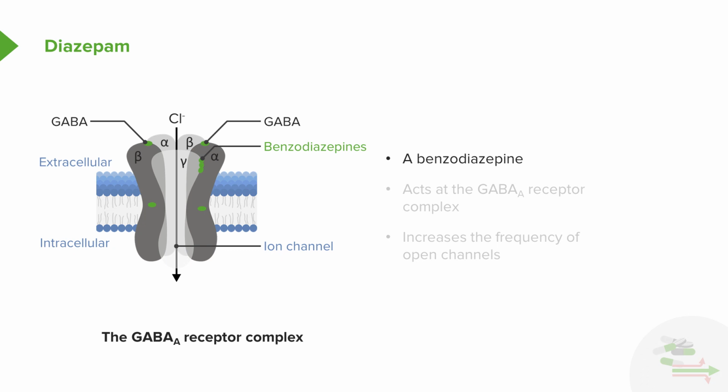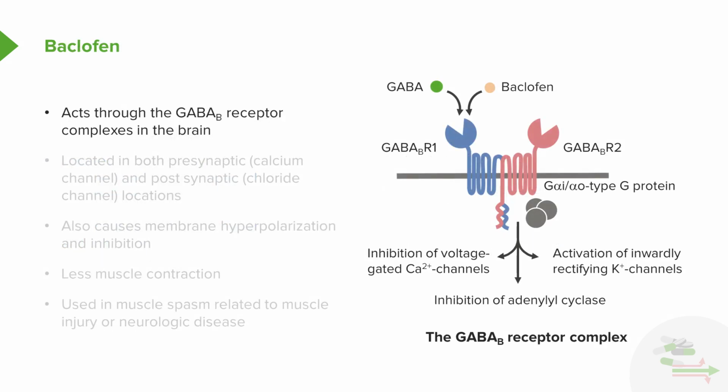We've already done this before, but once again, diazepam works at the benzodiazepine site of the GABA A receptor site. And remember, of course, that it increases the frequency of open channel, and that is an important exam question. Baclofen, on the other hand, acts through the GABA B receptor complex.